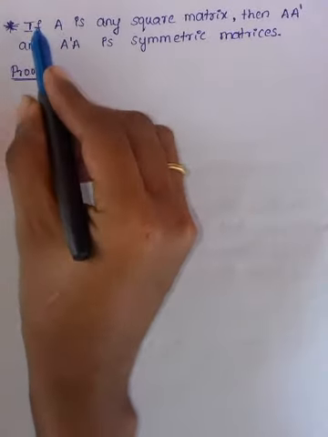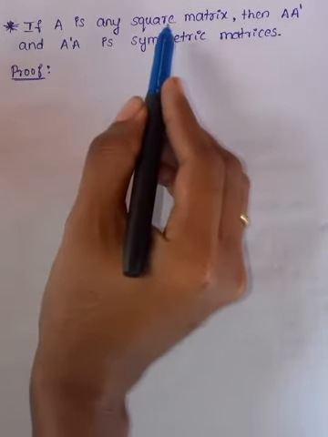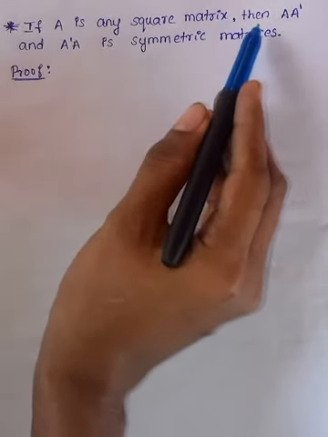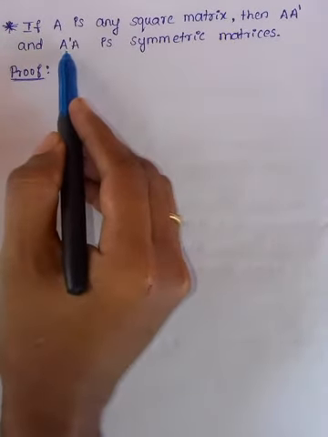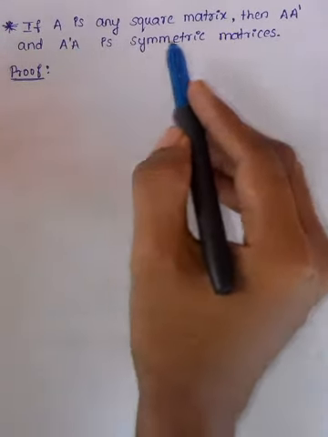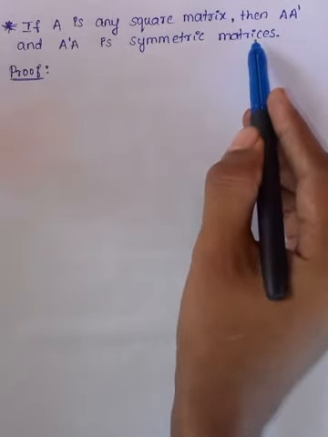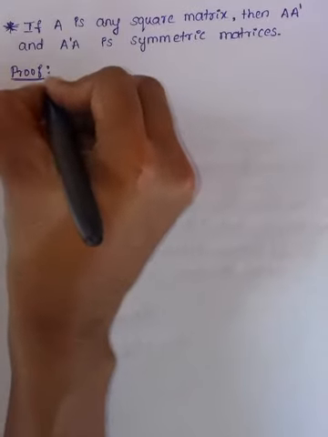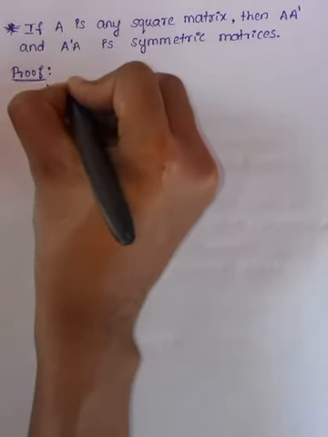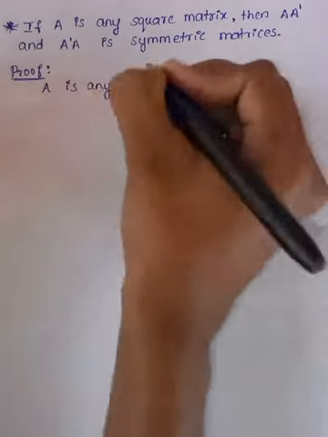Next result: if A is any square matrix, then A into A transpose and A transpose into A are symmetric matrices. To prove this, consider A is any square matrix.